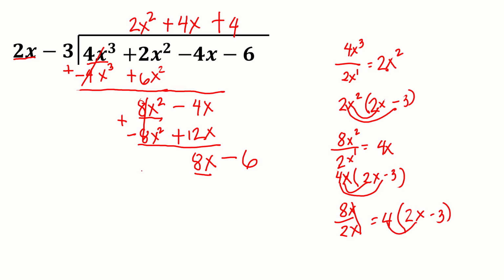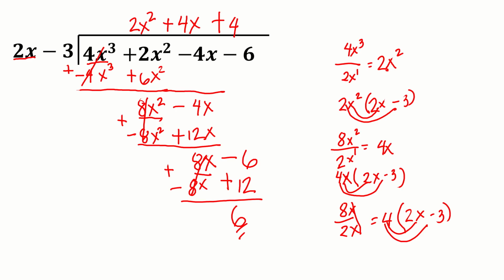So, 4 times 2x, that is 8x. Then, 4 times negative 3 is negative 12. Change the sign. Proceed to addition. 8x plus negative 8x is 0. Negative 6 plus 12 is positive 6. So we have the remainder na 6.